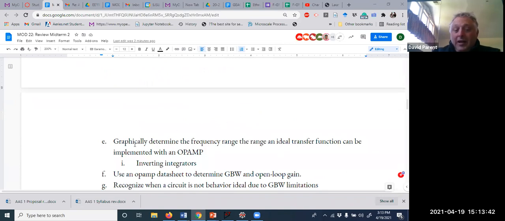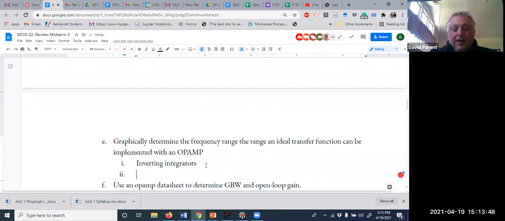The other kind of question is you have to do the same thing, but do it graphically. And those kinds of questions would be an inverting integrator or an inverting gain stage.